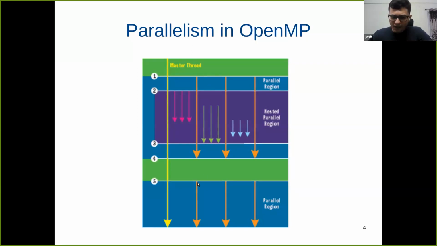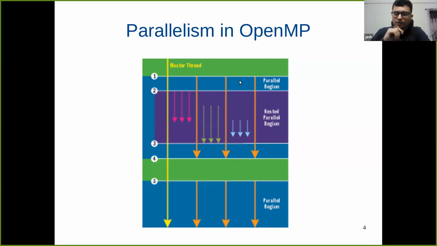So you can see this green thing denotes the serial region. In the serial region, there will be only one thread, which is our master thread. As soon as it hits the parallel region, it will spawn the team of threads, and each thread will do its own work.